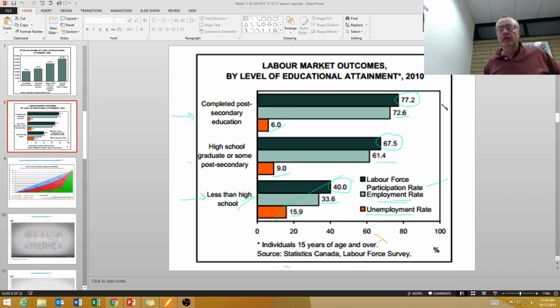And then with completed post-secondary, it increases to about 77%. So the better educated we are, the more formal training we have, the more we participate in the workforce, and no doubt our earnings are going to be higher than otherwise.